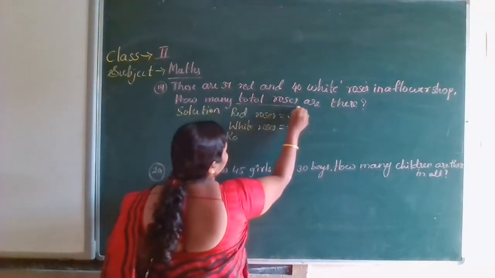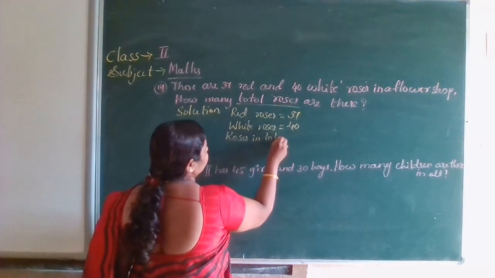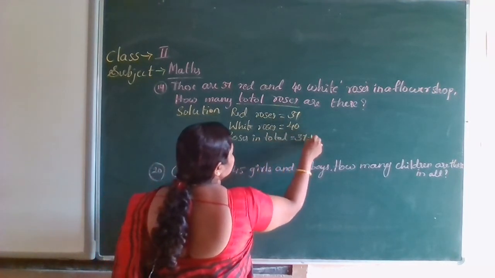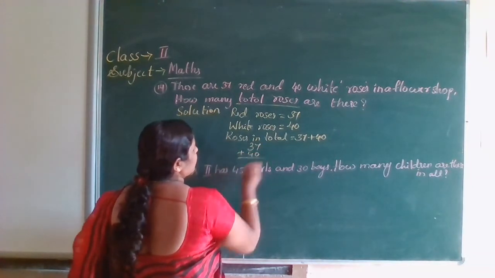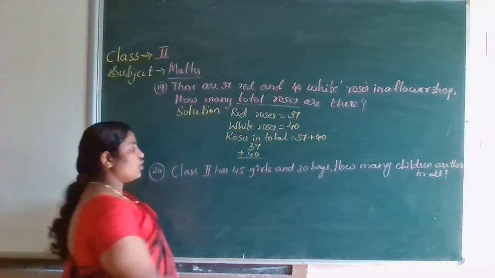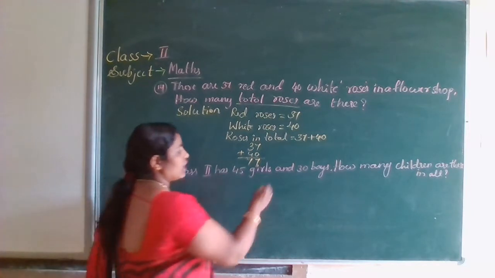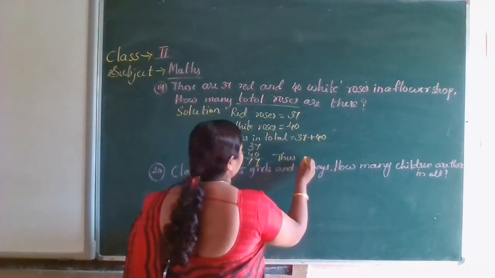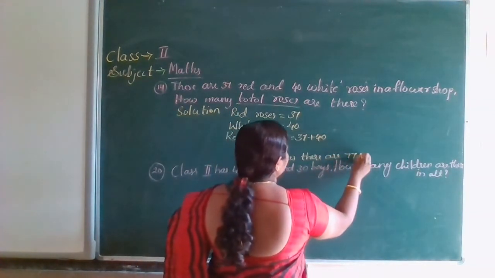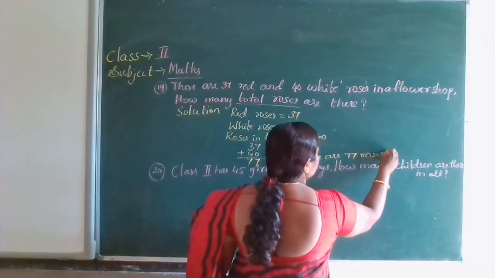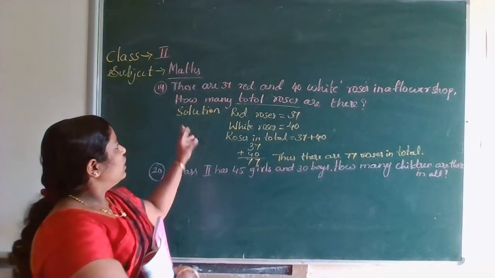What they told us, total roses. Roses in total is equal to 37 plus 40. So 37 plus 40, do the addition. 7 plus 0, again 7, 3 plus 4, 7. Okay, thus there are 77 roses in total.